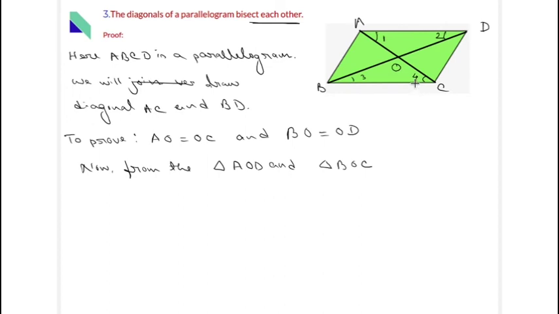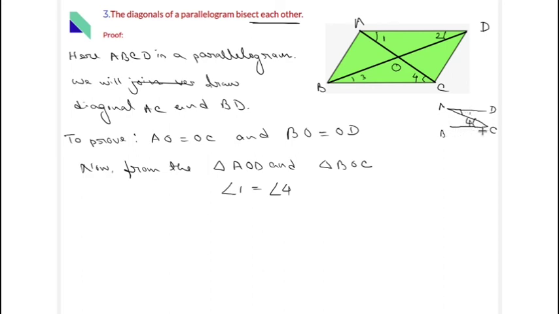Okay, now we will start. From these two triangles, what will we get? We will get that angle 1 is equal to angle 4. Why is angle 1 equal to angle 4? Because see, AD is parallel to BC and AC is the transversal. That means angle 1 and angle 4 are alternate angles.